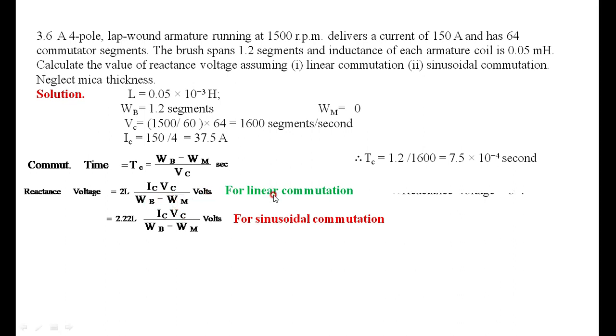If you substitute, what you are getting is the reactance voltage of 5 volts for linear commutation. For the sinusoidal commutation, you have to multiply 1.11 by 5, that is, 5.5 volts. This is how you have to calculate the reactance voltage for linear commutation and sinusoidal commutation.